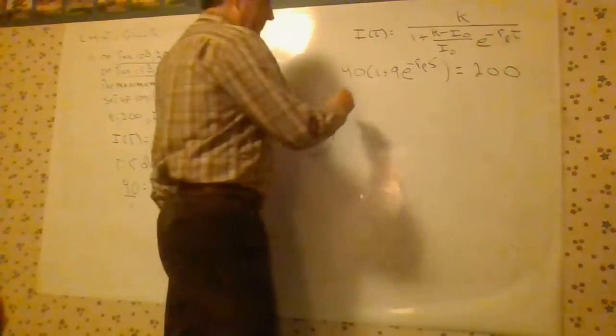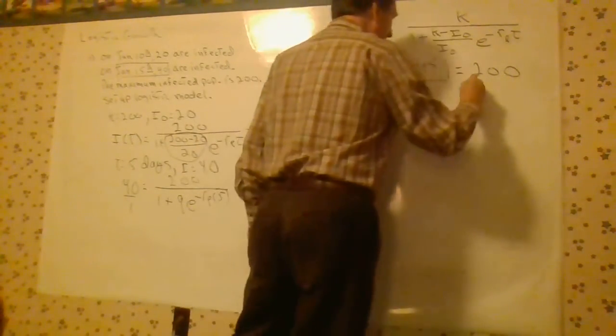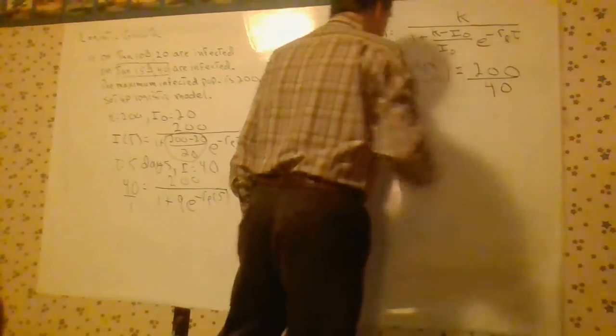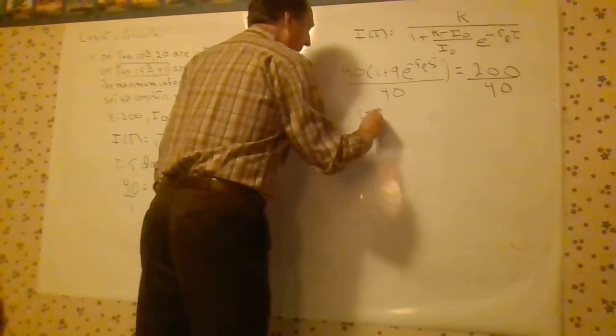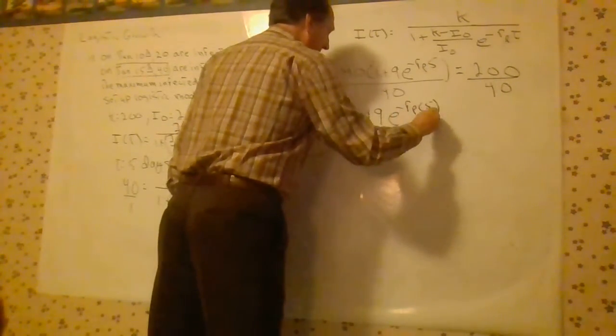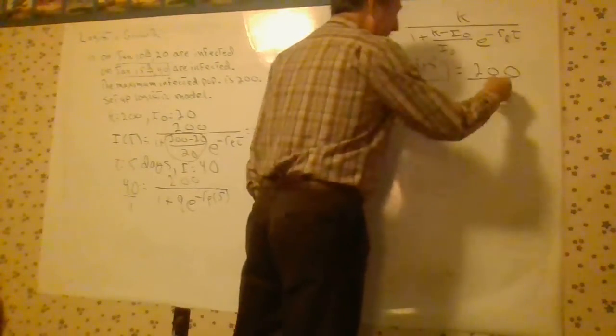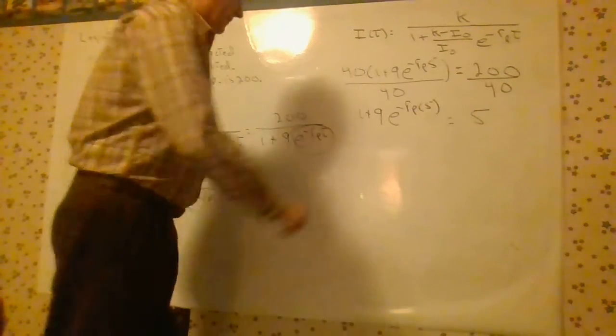Now you can distribute, but 40 goes into 200, so in this case it's just as easy to divide it out. And we get 1 plus 9 e to the minus R_L times 5 is equal to 5. 200 over 40 is 5.